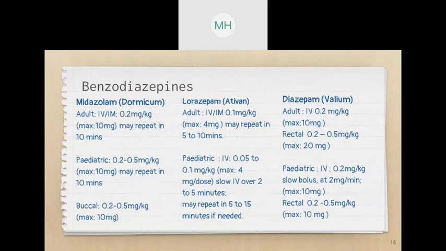For benzodiazepines, 0.1 to 0.2 mg per kilo is always safe, except for lorazepam, where we keep 0.1 mg per kilo, with a maximum of about 4 mg. Some centers have buccal midazolam, and also rectal diazepam, especially during pre-hospital care.